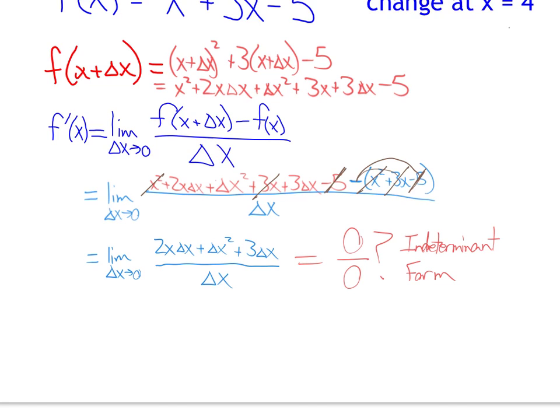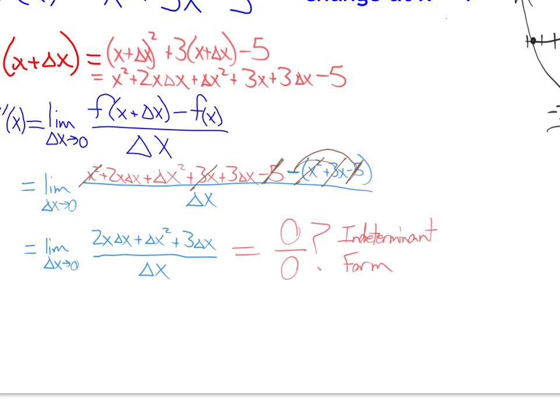So how do we handle an indeterminate form? And here's the thing. Every one of these is going to turn out to be an indeterminate form, so we have to know how to handle these. Sometimes you get them when you have radicals, so one thing you would do is rationalize your denominator, and that'll help.